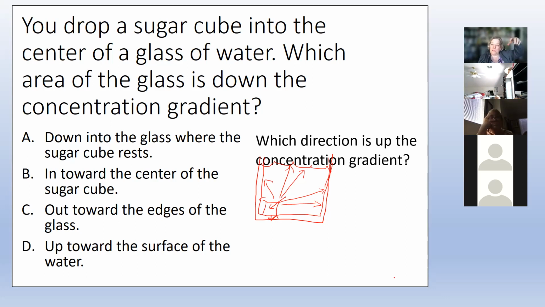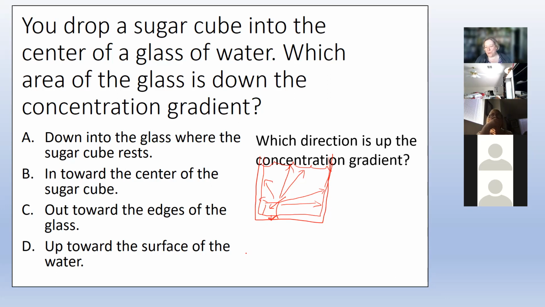If you have a high lake and a stream running down from it, the high lake has more concentration of water, and the little stream is running down the concentration gradient. Whereas if you go upstream, that's going up. I think that's what they were going for. But when you drop sugar or salt into a cup, down the concentration gradient is up.